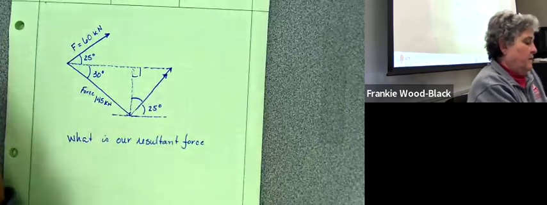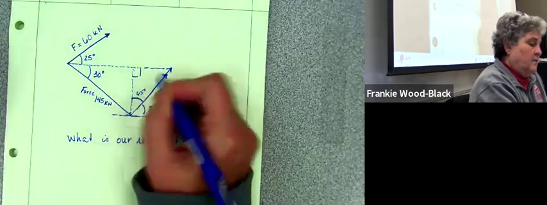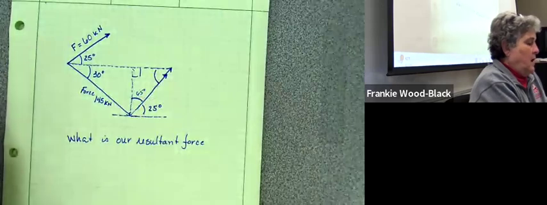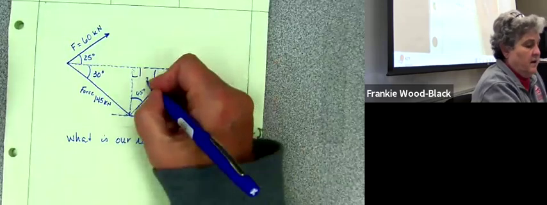Again, it's Friday, so I'm not going to do that. So that's a 65-degree angle, which means that that one has to be 65 plus 90 minus 180. This is our 25-degree angle.